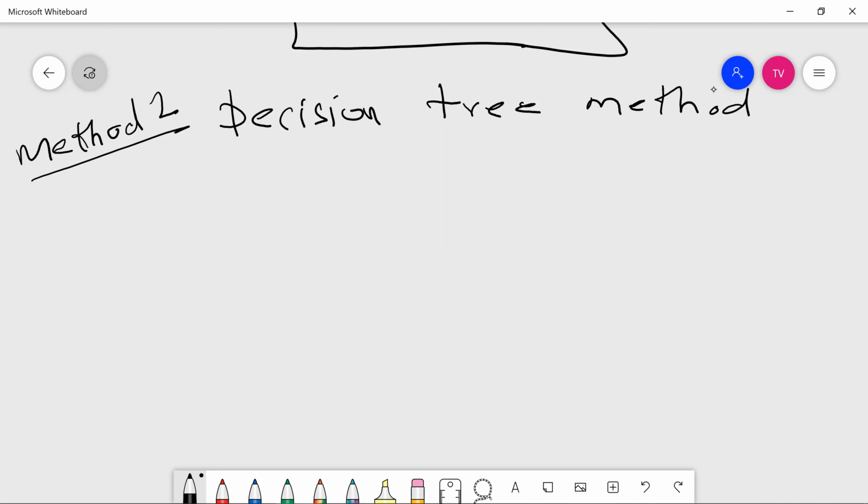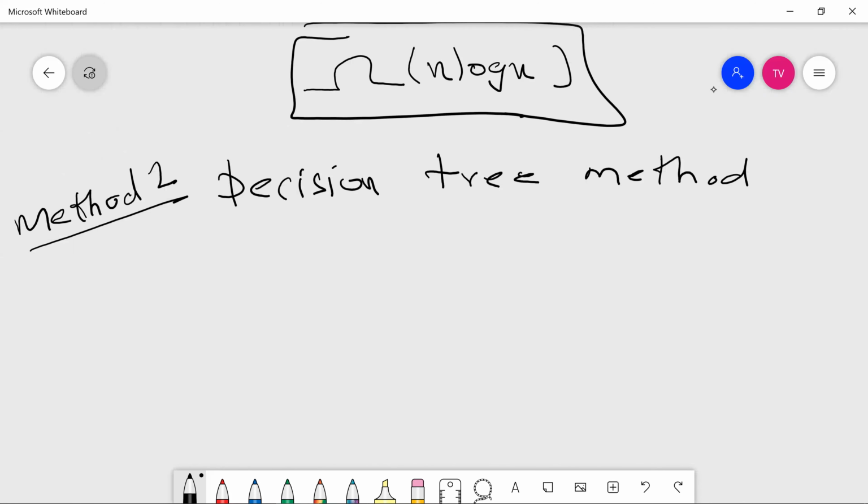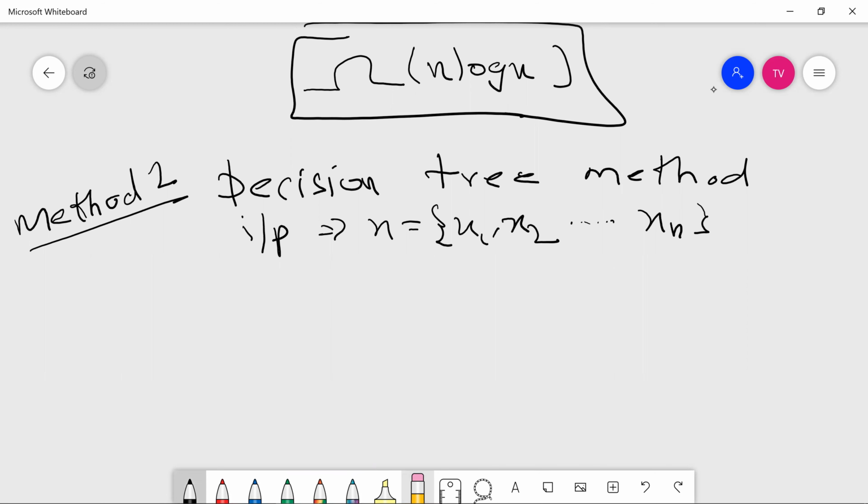In this, if the input is x1, x2, up to xn, because we assume that all of these are n distinct, then we can have n factorial different possible answers.